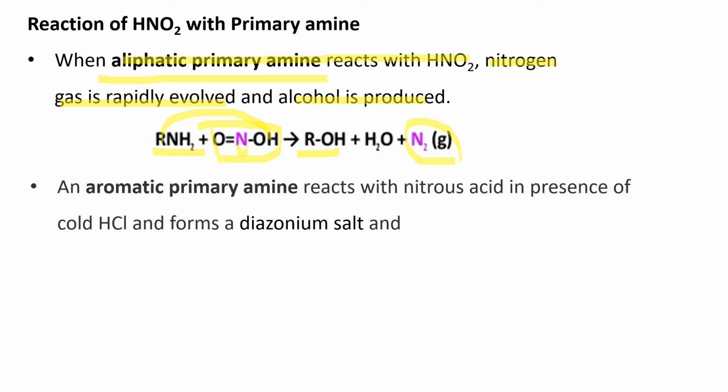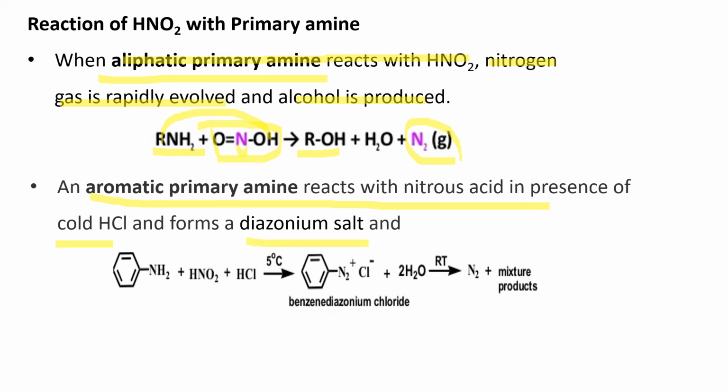Whereas an aromatic primary amine reacts with the nitrous acid in presence of cold HCl and forms a diazonium salt. So an aromatic amine, say for example phenylamine or aniline, reacts with HNO2 in presence of cold HCl, that is at 5 degrees Celsius, forming a diazonium salt. Here it is benzene diazonium chloride.